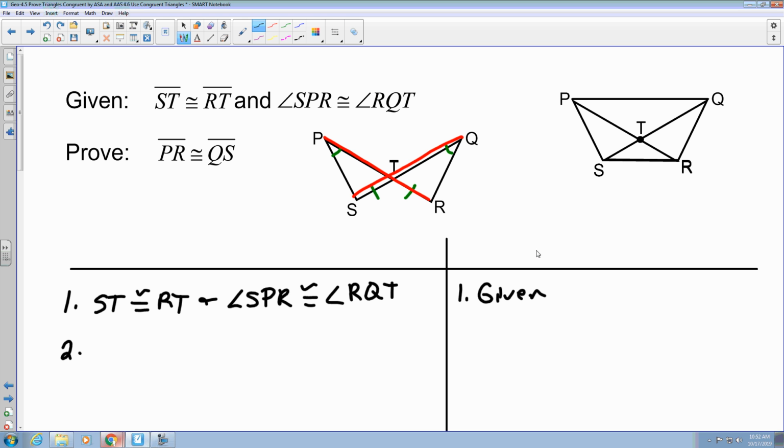Second step here, I can tell that these two angles are vertical angles. So I can say that angle PTS is going to be congruent to angle QTR. And that's vertical angles.